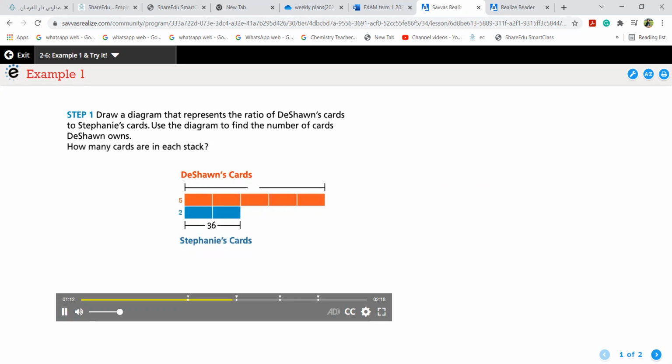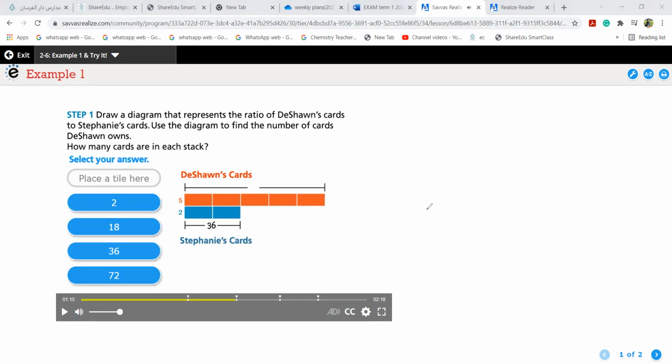Okay, let us continue. How many cards are in each stack? Select your answer. 5, 2. So 36, how much? 5 divided by 2 multiplied by 36. Remember how to do it?